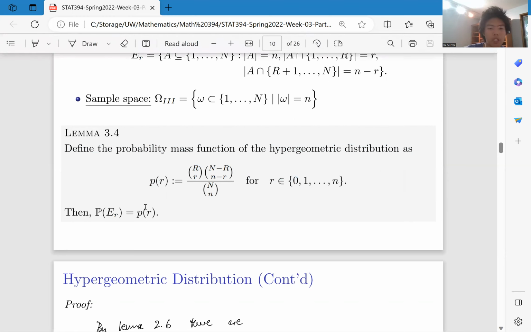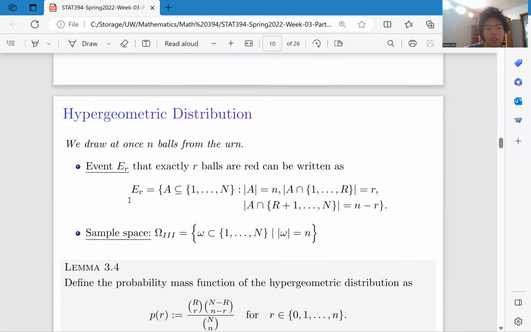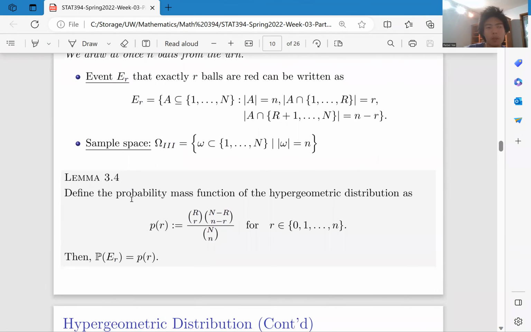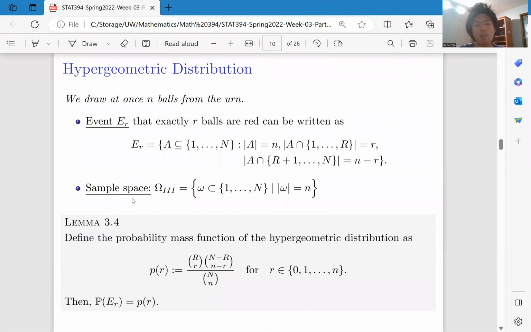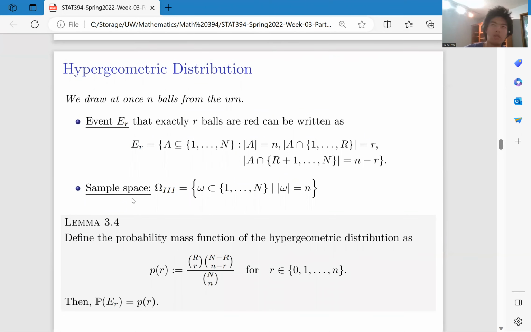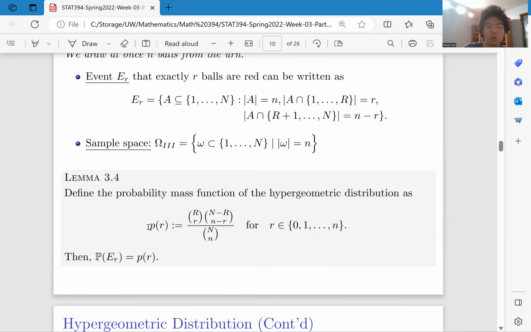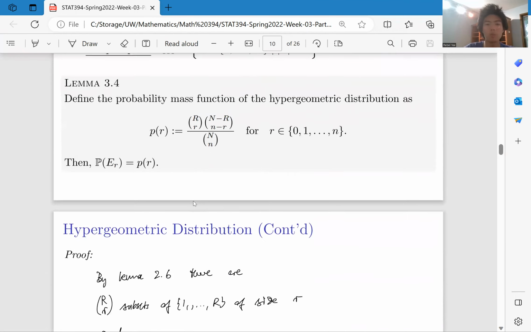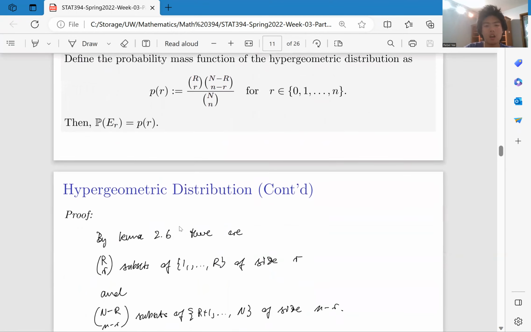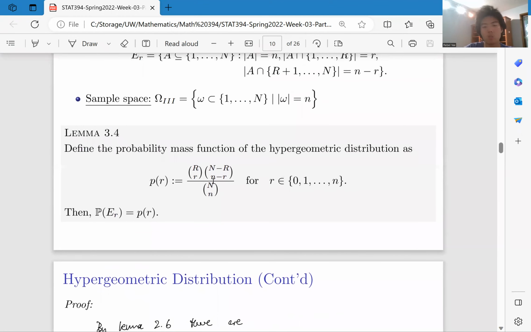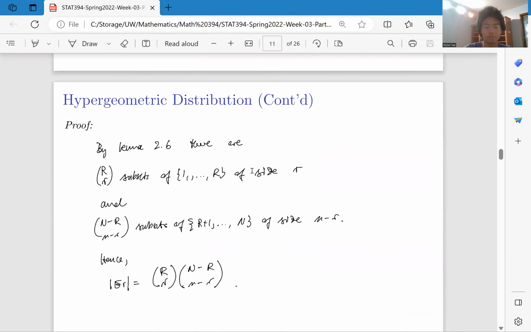The probability of the event E_r happening, which means the probability that exactly r balls are red among the n drawn, is equal to that probability mass function. I want to write a proof about why this is correct. This formula looks very crazy with 3 combinatorics terms inside, but the logic is simple.